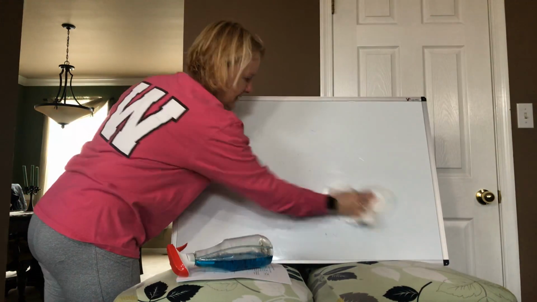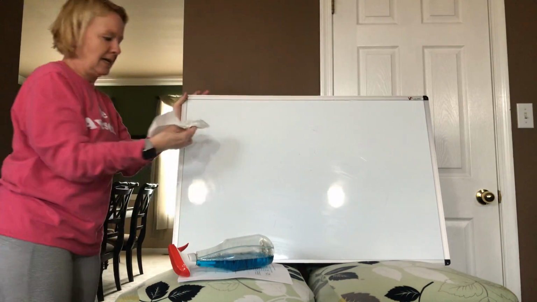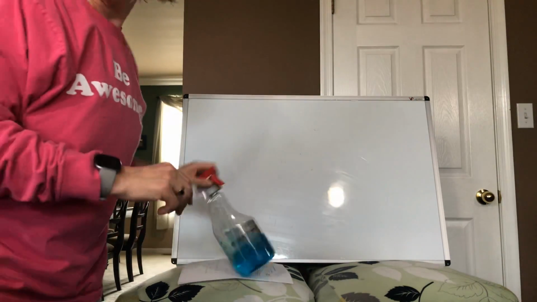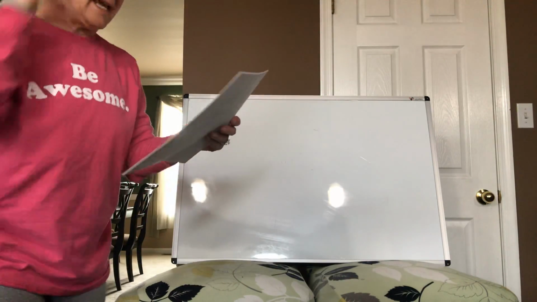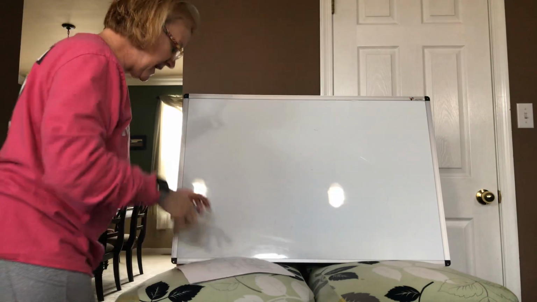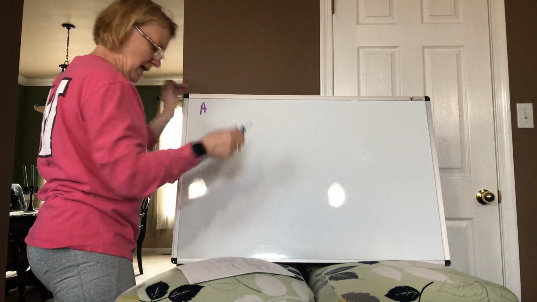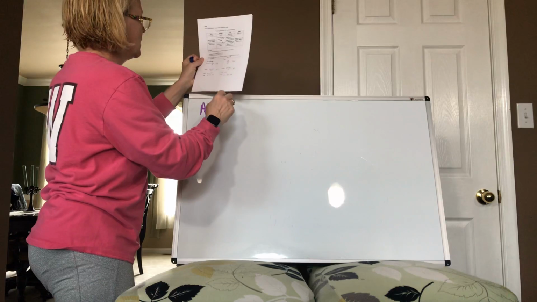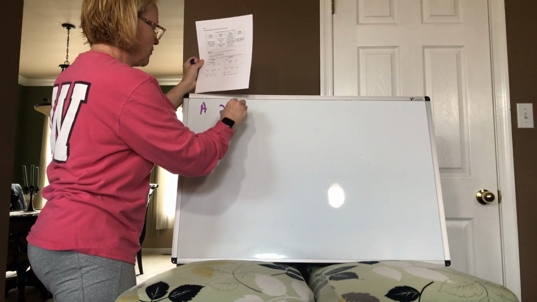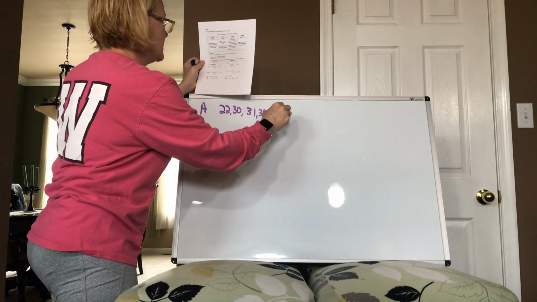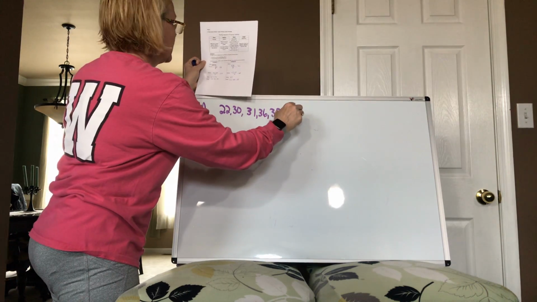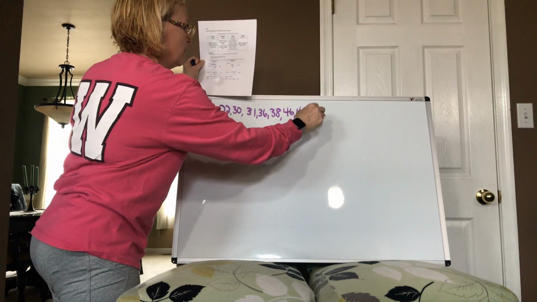All right, let's take a look at the first example. The first example says, the ages in years of employees for 2 different companies are listed below. Company A is 22, 30, 31, 36, 38, 46, 49, 52.